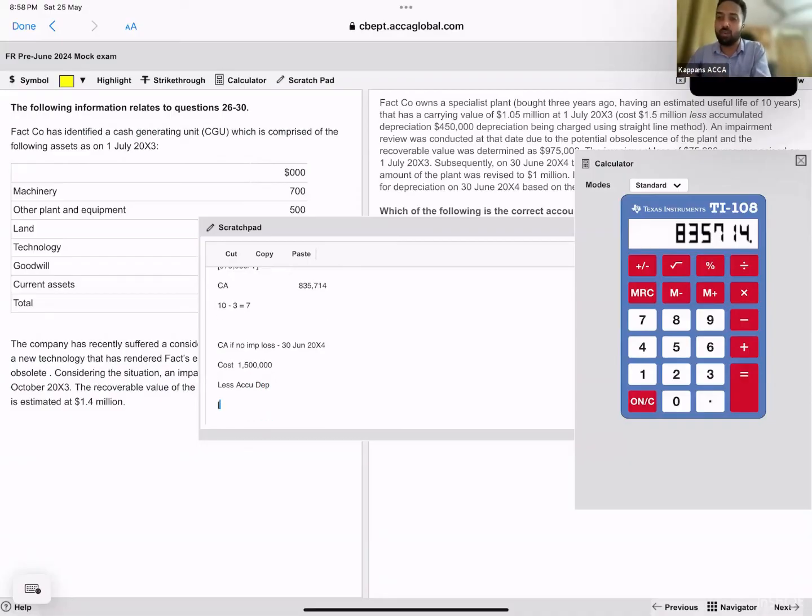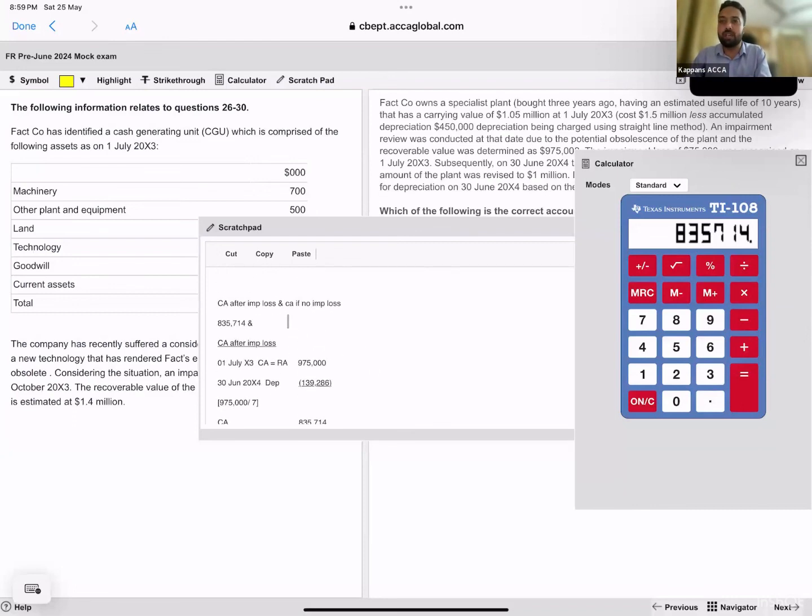So that will be 1.5 million divided by 10 years, that is 150,000 into 4 years, that is equal to 600,000. So accumulated depreciation is 600,000 and cost of the asset is 1.5 million. So the carrying amount as on 30th June X4 will be 900,000. So we got the figure.